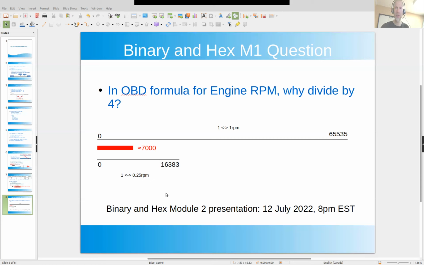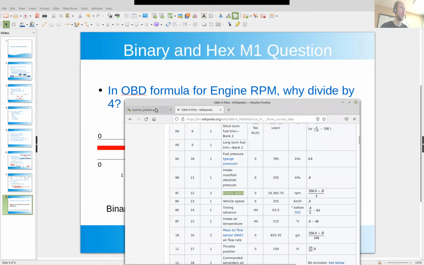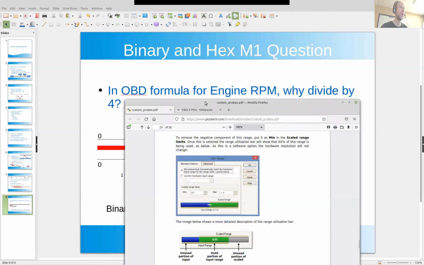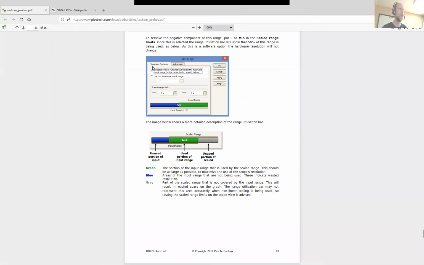And interestingly, the same issue arises when we are talking about PicoScope custom probes. So here is a PDF from Picotech on custom probes, and they talk about how the input range of a sensor is mapped to the input range of an oscilloscope.